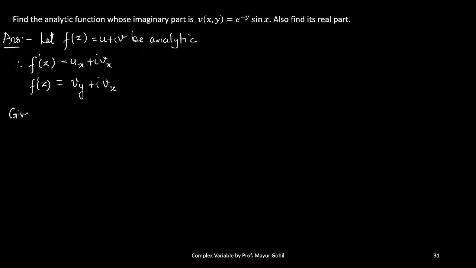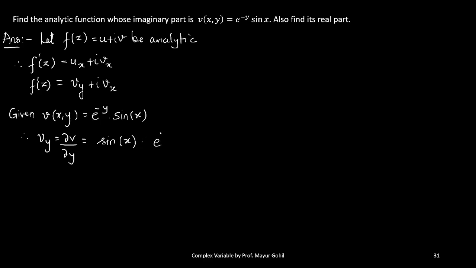We write here, given v(x, y) is equal to e to the power minus y sin x. We now calculate the partial derivative vy, that is ∂v/∂y, which is going to be sin x times e to the power minus y into minus 1.